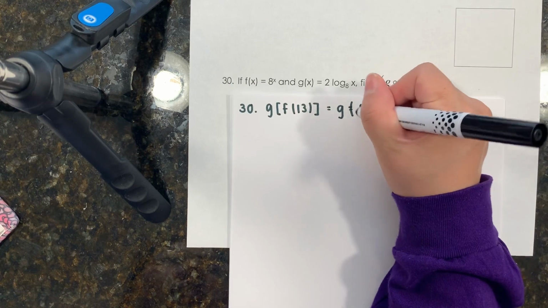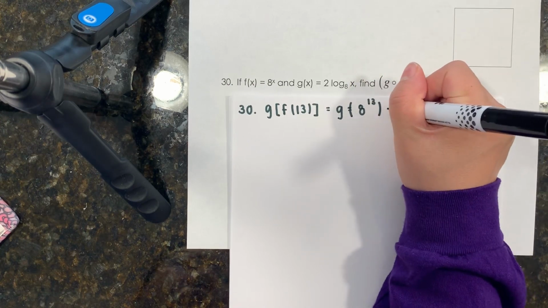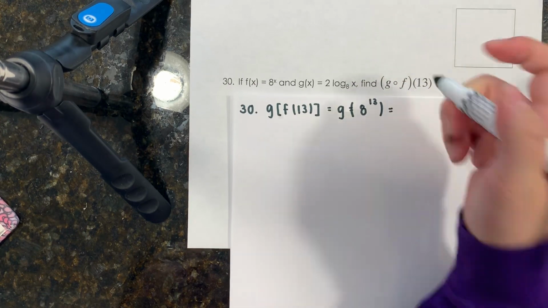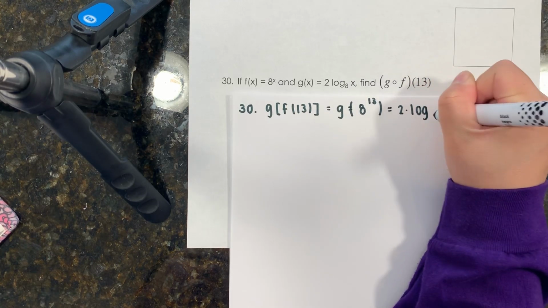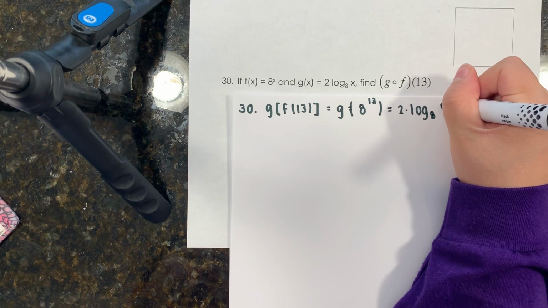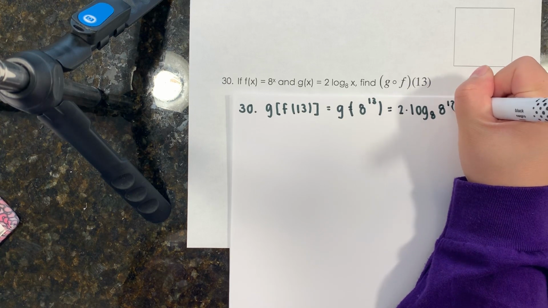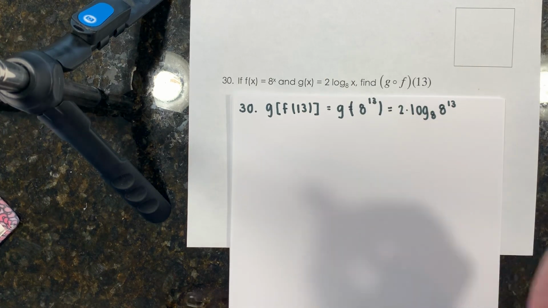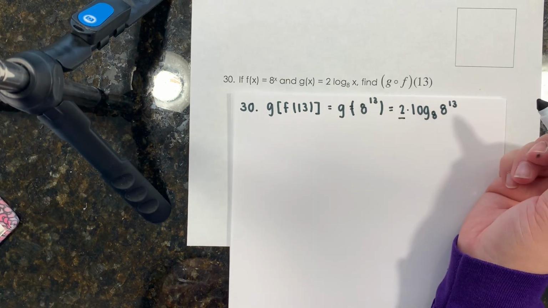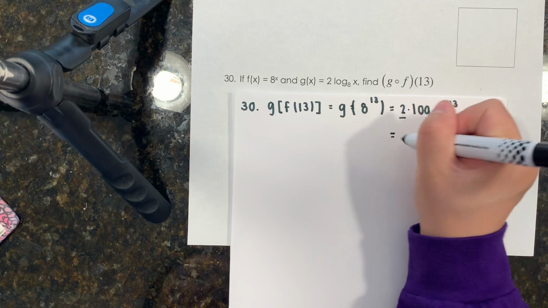Now I'm going to take this and plug it into the g function. So when I plug it into the g function, I would get 2 times log base 8 of 8 to the power of 13, because I replaced this x with 8 to the 13. When there's a number outside my log, though, it becomes the exponent.